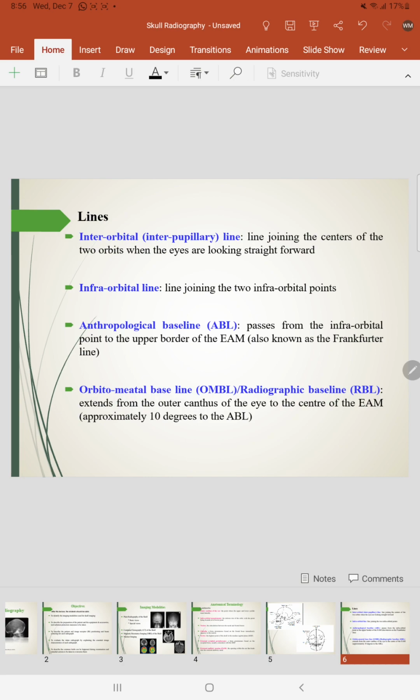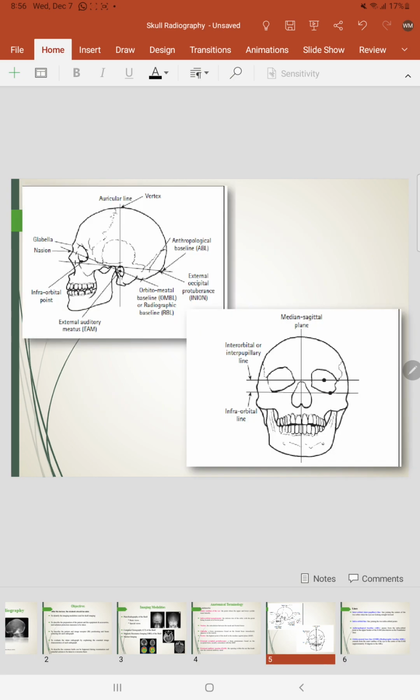Then anthropological baseline or ABL. It passes from the infraorbital point to the upper border of the EAM, also known as Frankfurt line. See this picture. There is the anthropological baseline. This is that line.